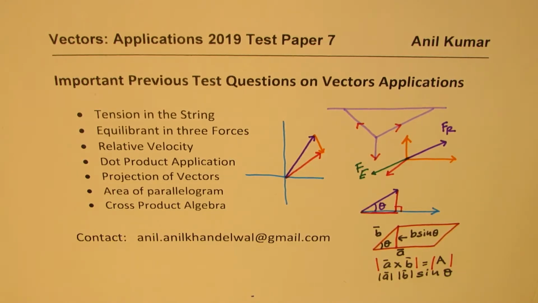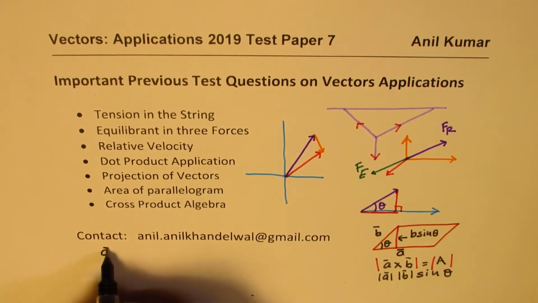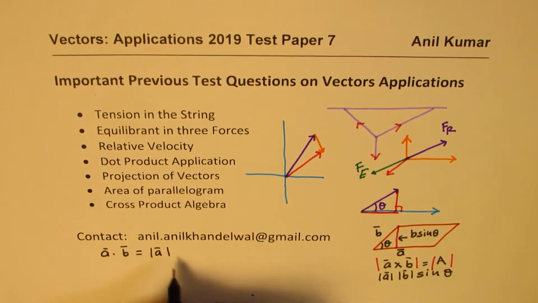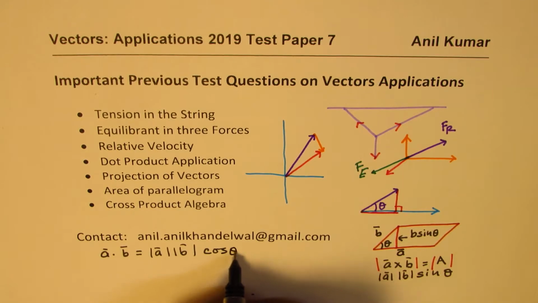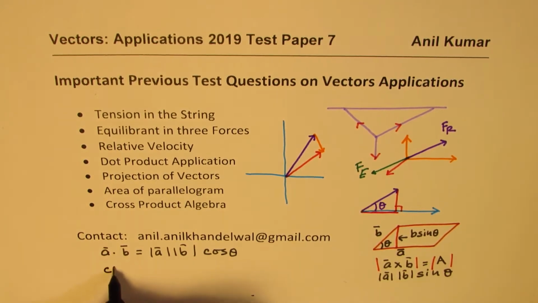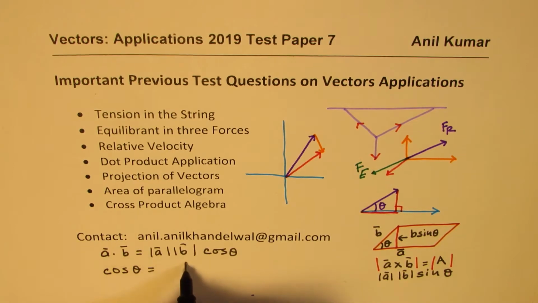Okay, so another formula to remember, let me also write down the dot product formula. A dot B is basically equal to magnitude of A times magnitude of B times cos of theta. And this formula will be used many times to find the angle theta itself, which you get by rearranging this formula, right? So we get A dot B divided by magnitude of A times magnitude of B, correct?